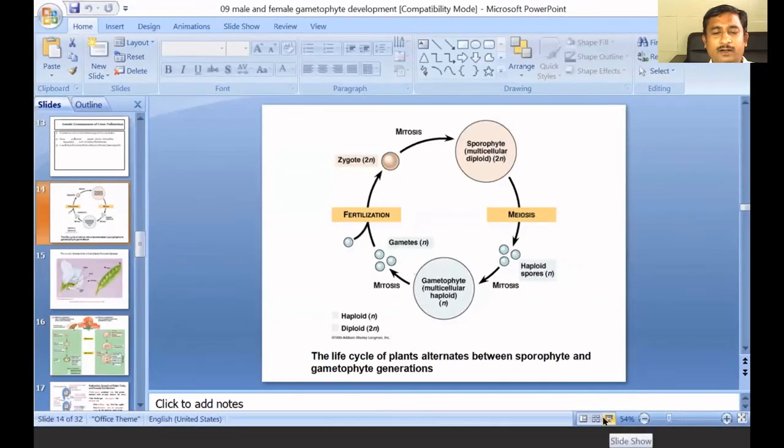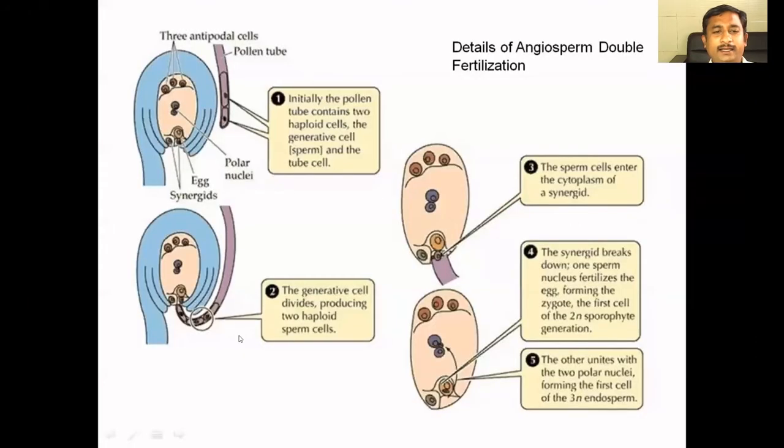Here comes the role of these two sperm cells. What happens? One goes here, because the tube cell has already recognized the synergid. The synergid breaks down, and the sperm goes inside and fertilizes the egg. That becomes a zygote.